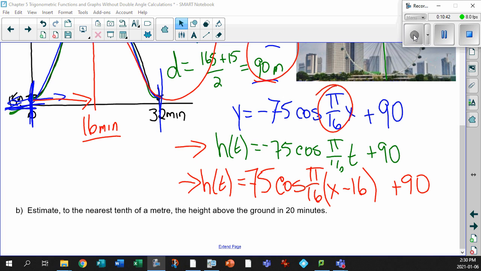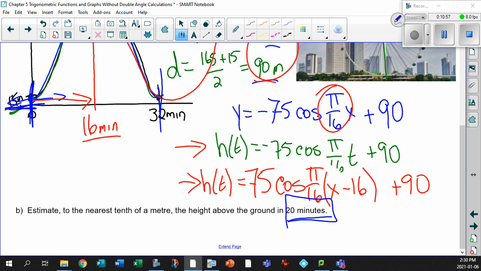The question says, where are you on this ride if you're 20 minutes into the ride? Think about that. Isn't 20 minutes time? So aren't you in fact finding h as a function of time, at 20 minutes?